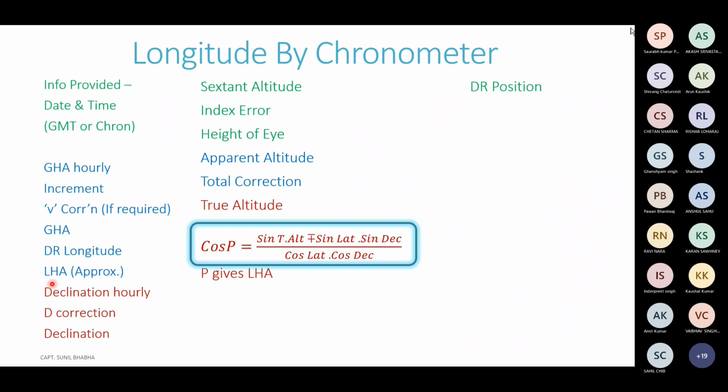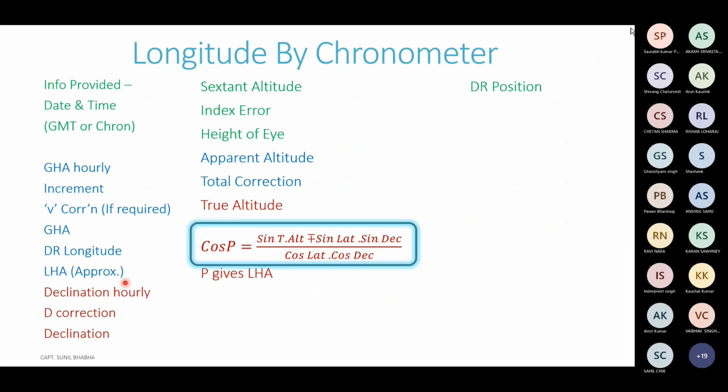Have a look at the approx LHA. If the value of P is close to this approx LHA, that tells you that P will be equal to LHA. And if the value of P does not match at all with the approx LHA, you do 360 minus P, and whatever answer you get will match with your approx LHA value.